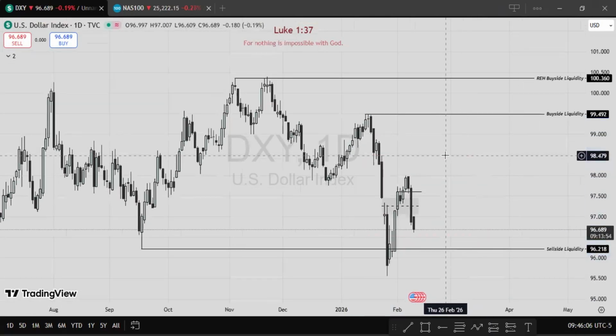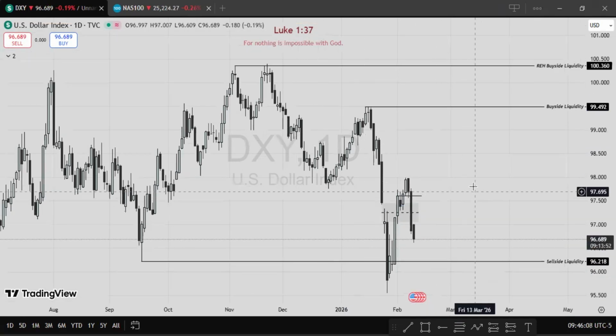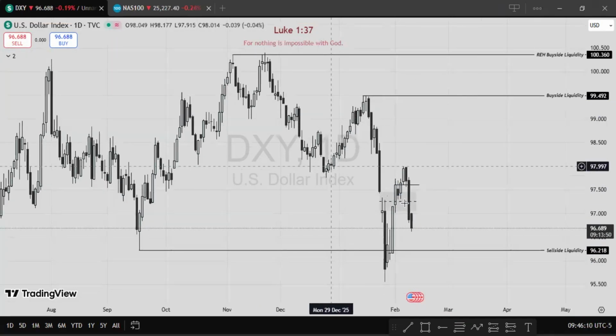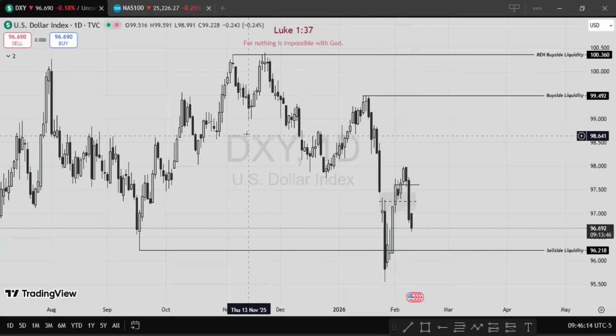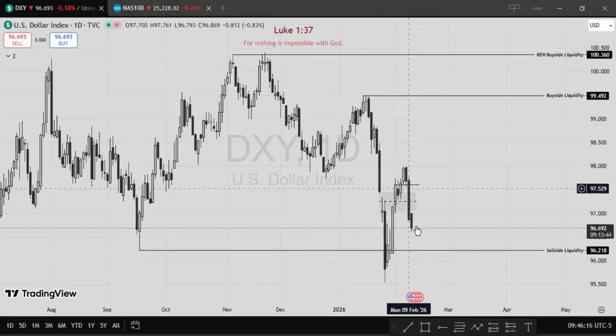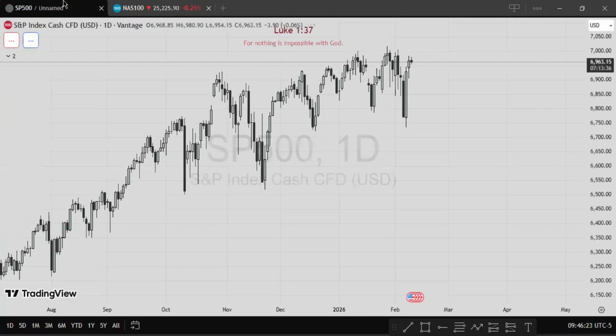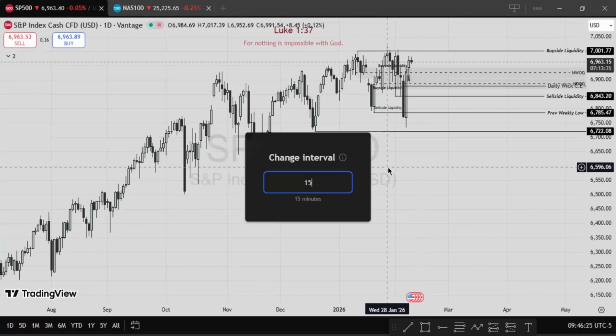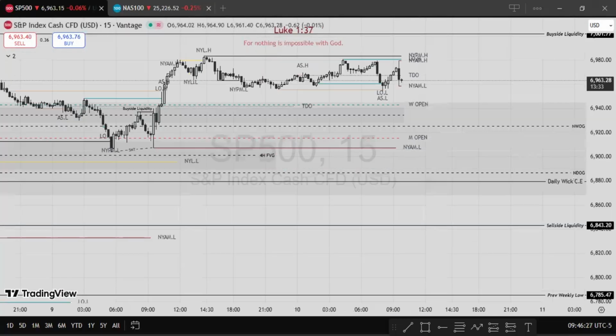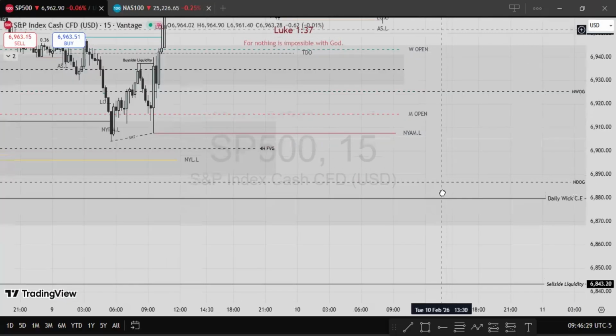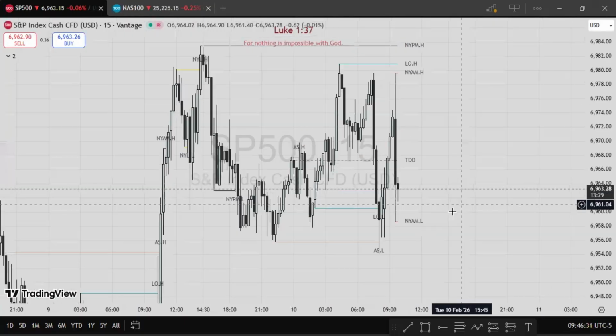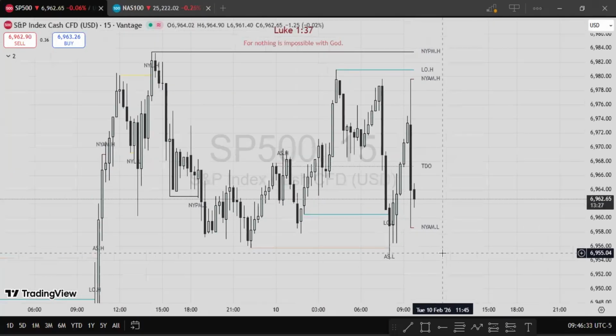But the thing with Nasdaq, it's not like currency where we have to go by this. The dollar index can be heavily bearish, and then Nasdaq also heavily bearish. It doesn't work the same way as if we're trading currencies. So I'm gonna stick to my bullish bias.